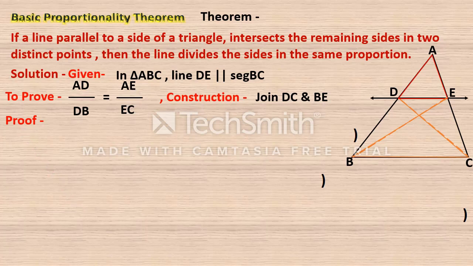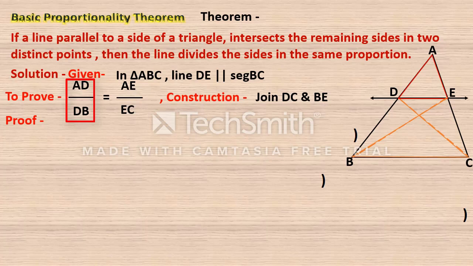In that proof, first take help of the LHS side of to prove, means AD divided by DB. In that figure, there is no perpendicular line, means height can't be obtained here.